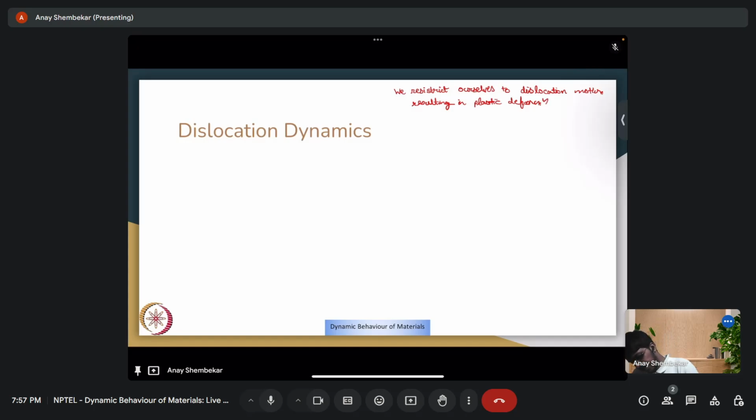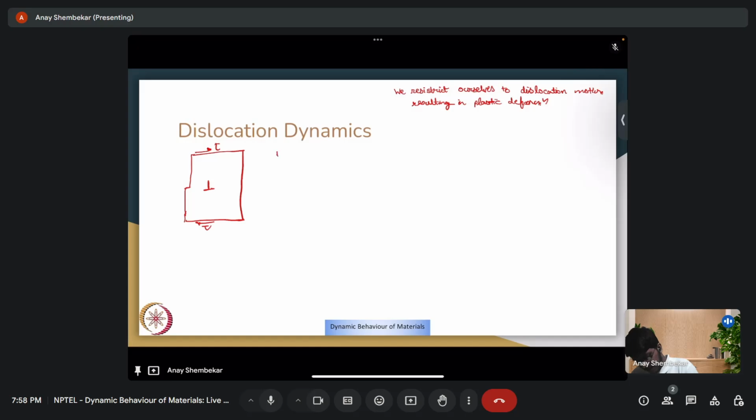So as an example, we could think of an edge dislocation. Suppose there is an edge dislocation here. We apply a shear load. You can see that the dislocation will move ahead.